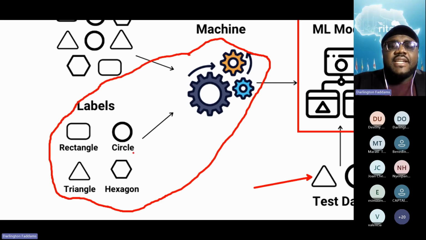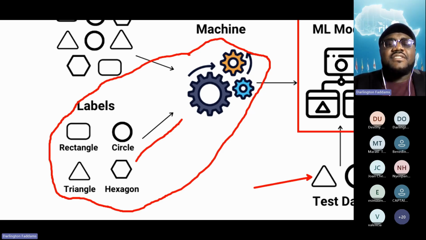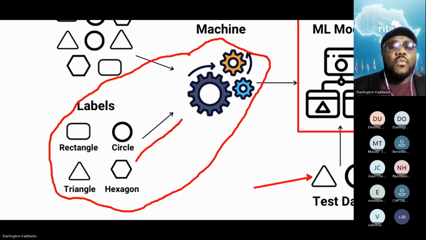This type of training is called supervised training or supervised learning. This is one type of machine learning, where you teach with examples or with names or with labels or with the answers.